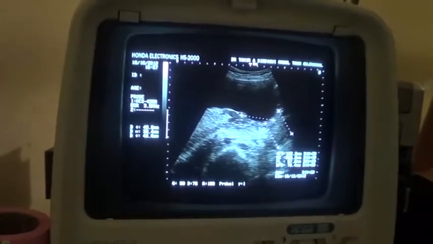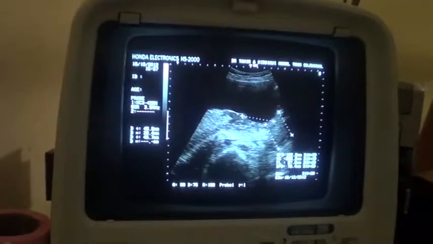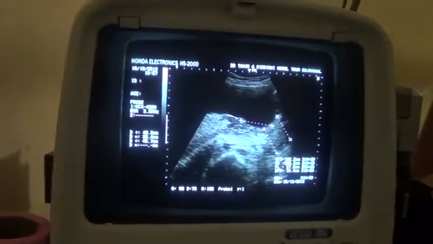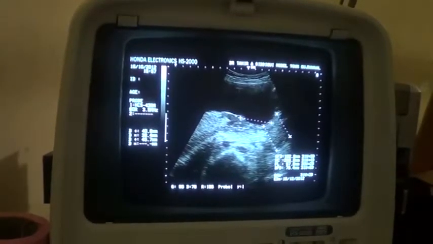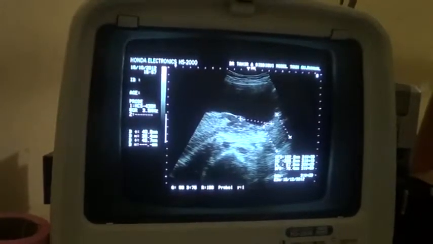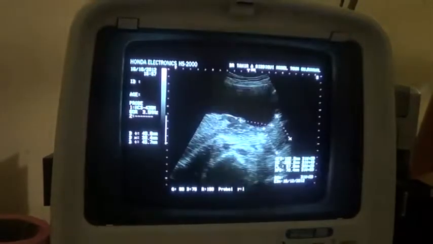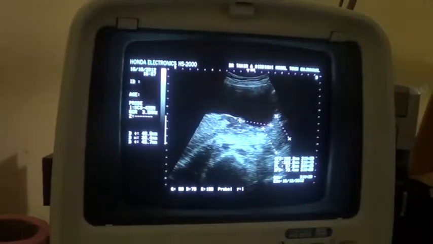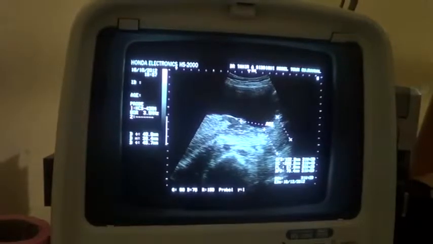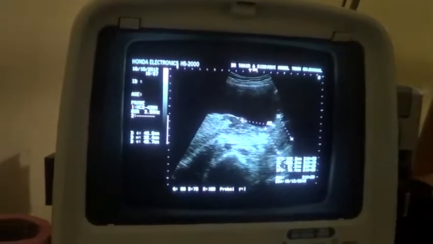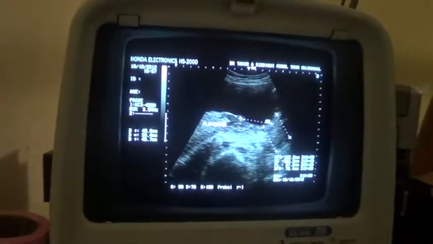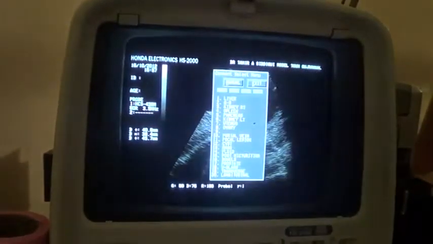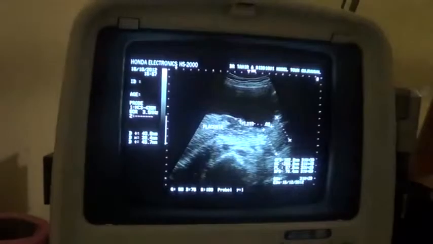This is the posterior placenta, low lying and marginal, in a sense that it's only 45 millimeters away from the internal os. This is the internal os. This is the placenta. And this is the amniotic fluid.